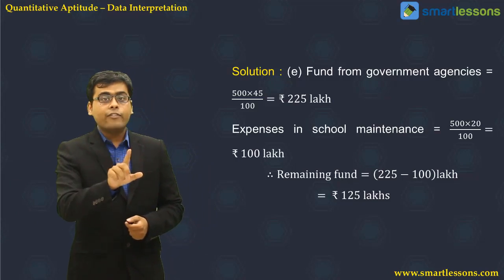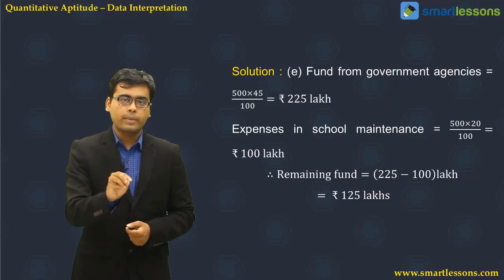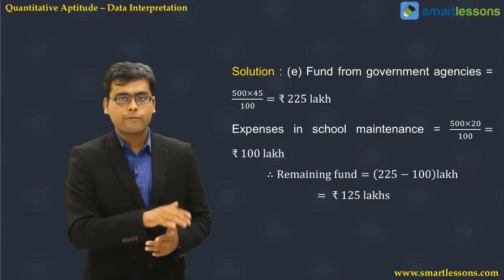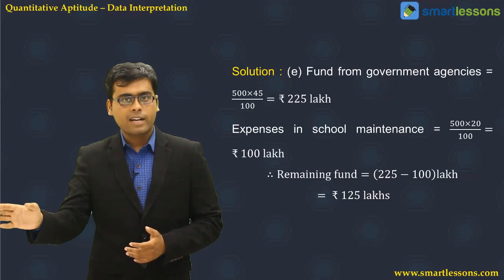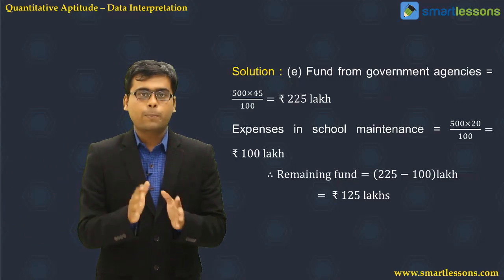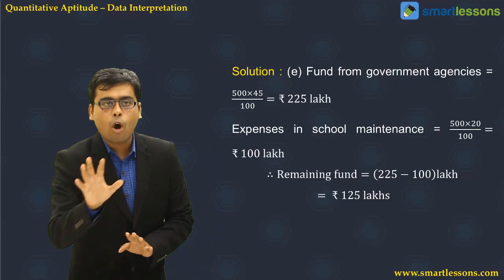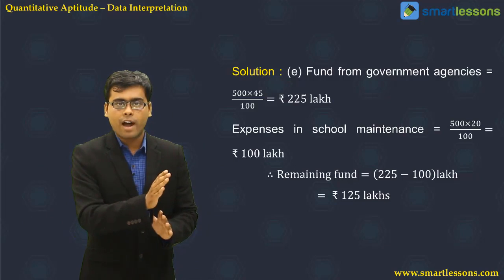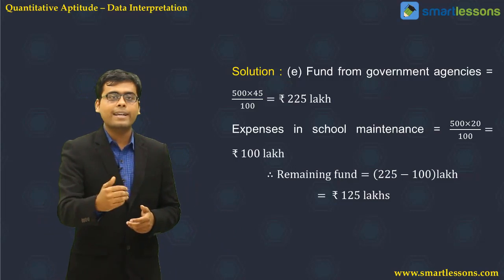Now if it meets the maintenance cost only from this government agencies fund, the maintenance cost is 20% of the total fund, so that is 20% of 500 lakhs, which is 100 lakh. So if the school expends 100 lakh from the fund it gets from the government agencies, the remaining fund must be 225 minus 100, because it is getting 225 lakhs and expending 100 lakh.